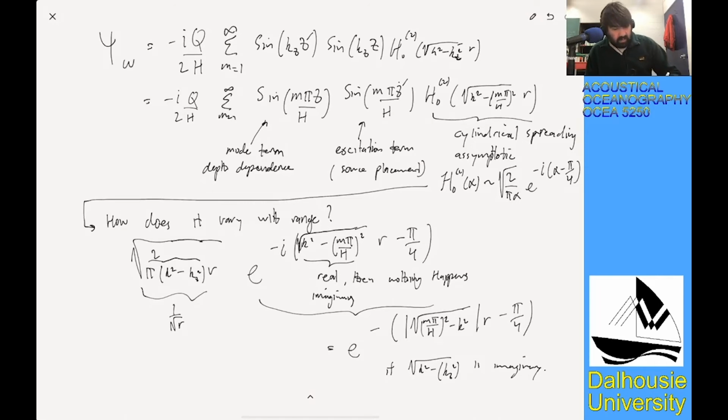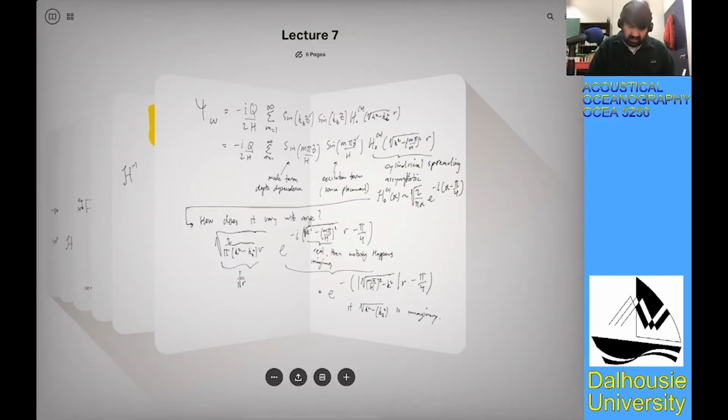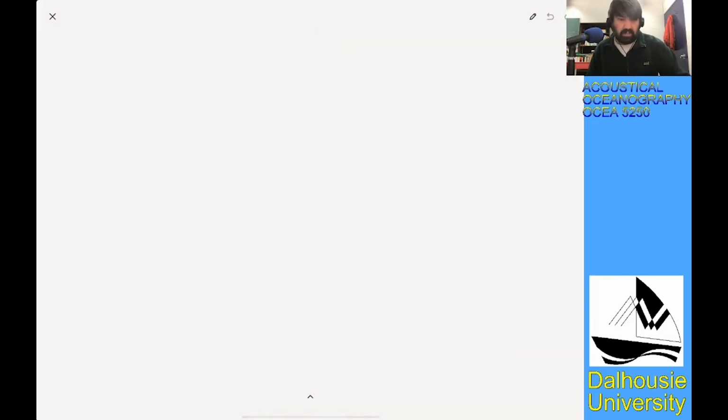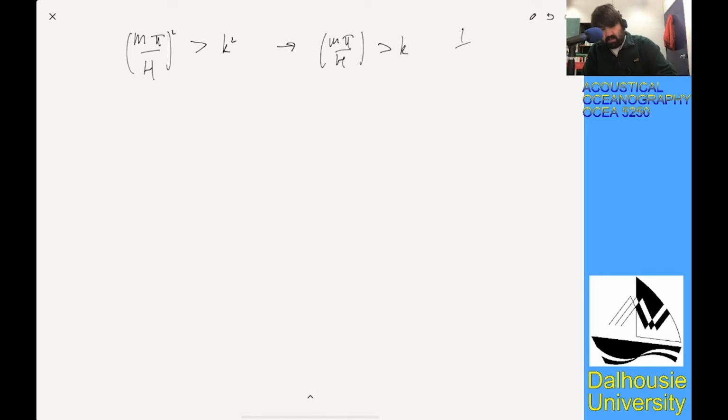So let me go to a new page here. It's going to be easier. I'm running out of room. Okay. So if we have m pi over h squared is larger than k squared, or simply m pi over h is larger than k, then we get the 1 over r decay, and second term oscillates.